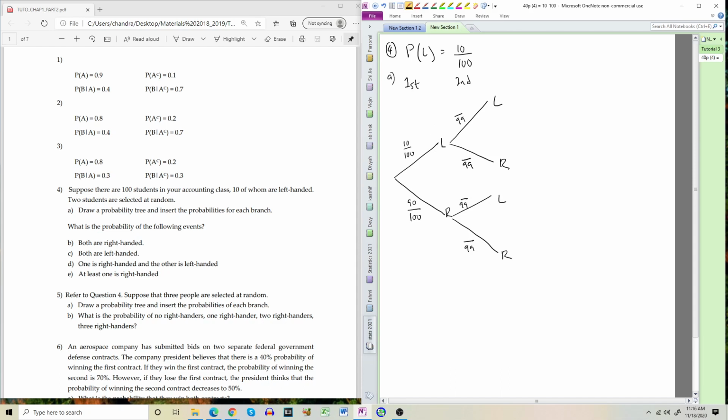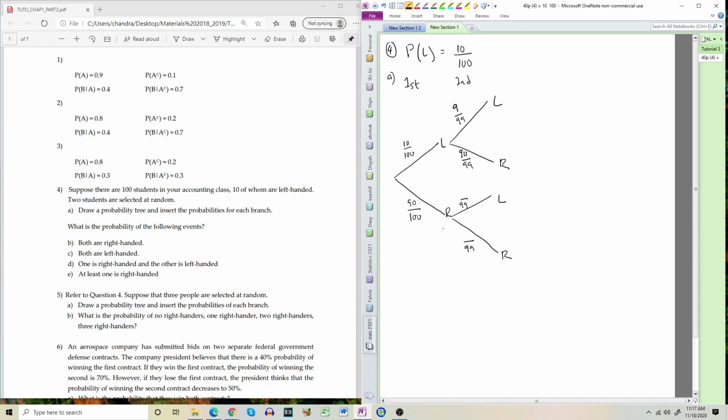Out of left-handed, the total is 10 students. If you have already chosen one left-handed, how many are left? Nine. If you want to choose the second left-handed, it is only 9, because the first left-handed you have chosen. Hope you understand. For right-handed, the quantity remains the same, which is 90.